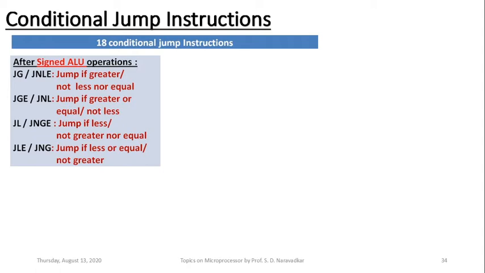Now normally that signed operations deal with the two terminologies greater or less, and depending on that, after comparison of two numbers or even after subtraction of two numbers, here are the 4 instructions which are formulated in 8086 processor, that is jump if greater.